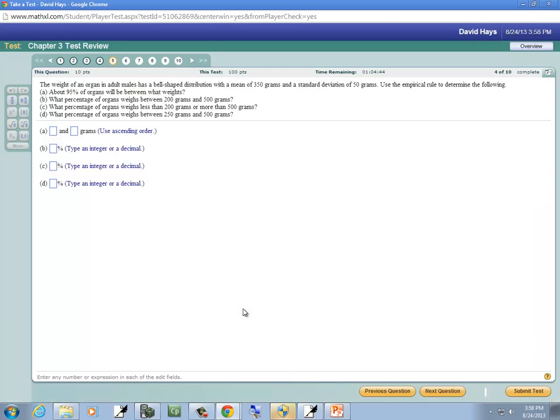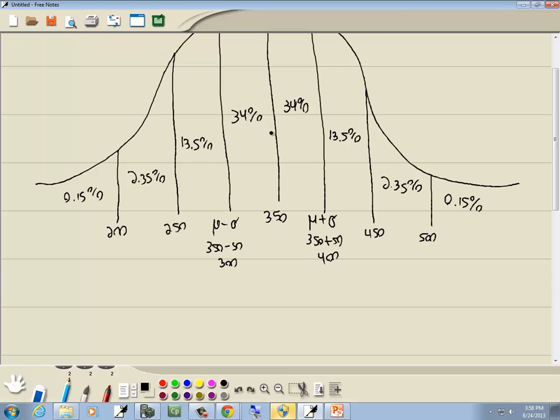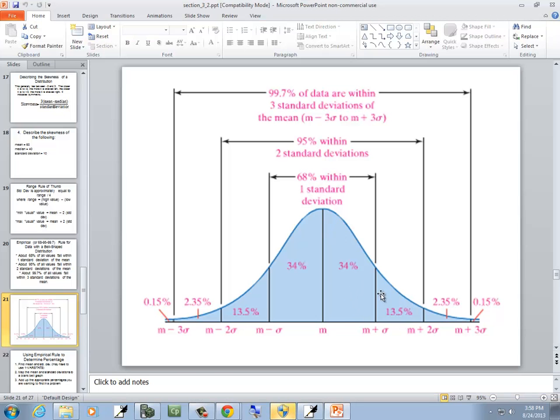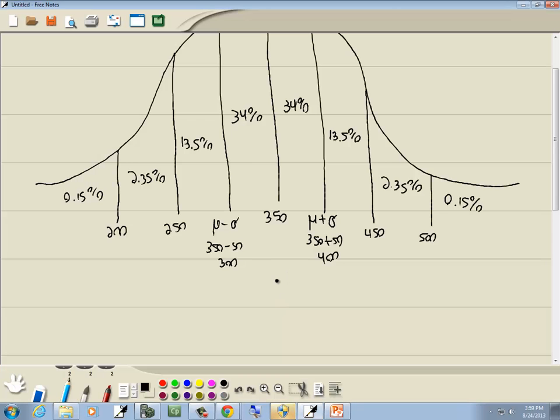Let's go see what the problem's asking for. Part A. About 95% of organs will be between what weights? Now you could sit there and try to figure this out, but it's represented very nicely in the picture here. You see the 95% says within 2 standard deviations. So it's these 4 middle bars. So let me put a little red mark for this is part A. It'll be this bar, this bar, this bar, and this bar.